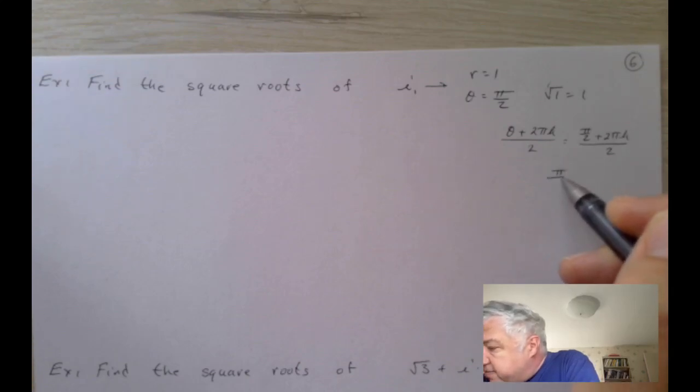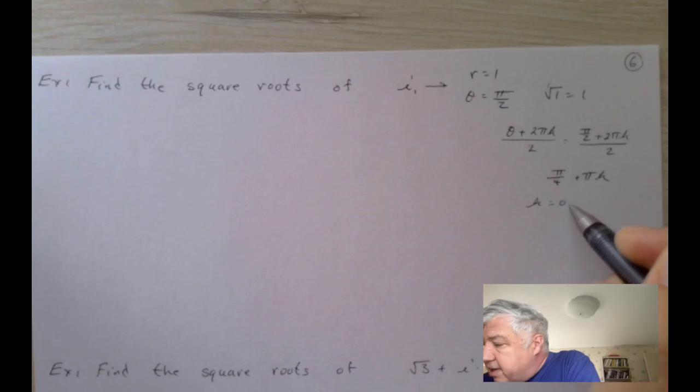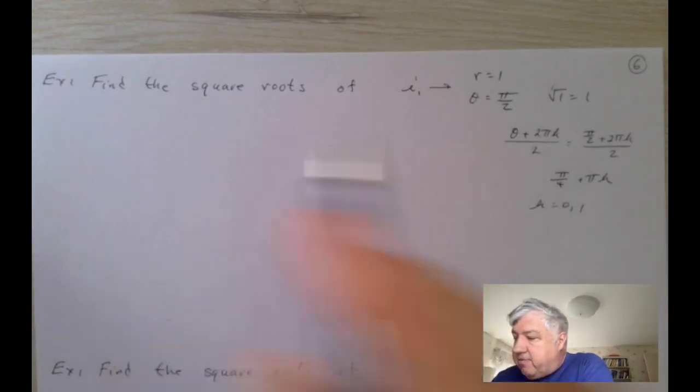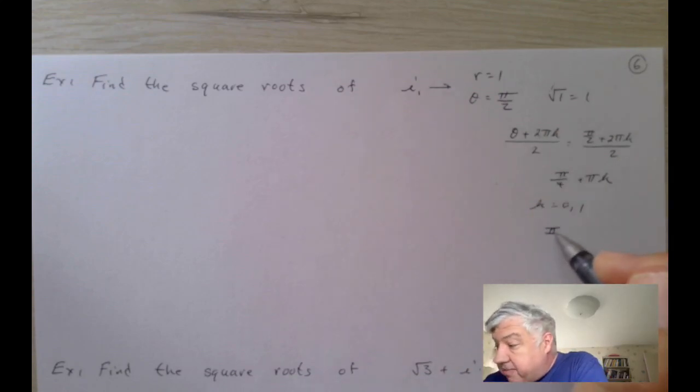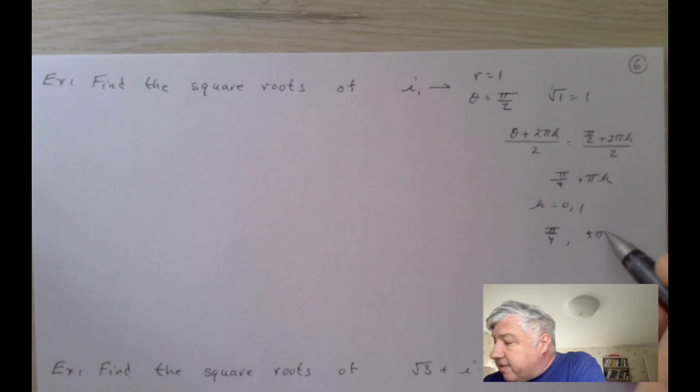Well, this is just pi over 4 plus pi k, where k equals 0 and 1. When k equals 0, this is pi over 4, and when k equals 1, this is 5 pi over 4.